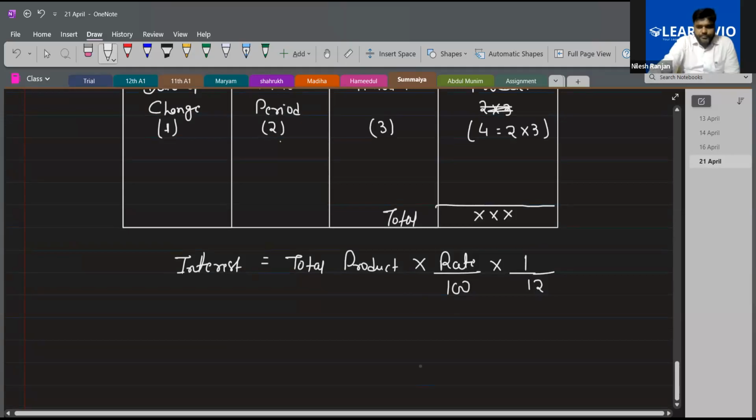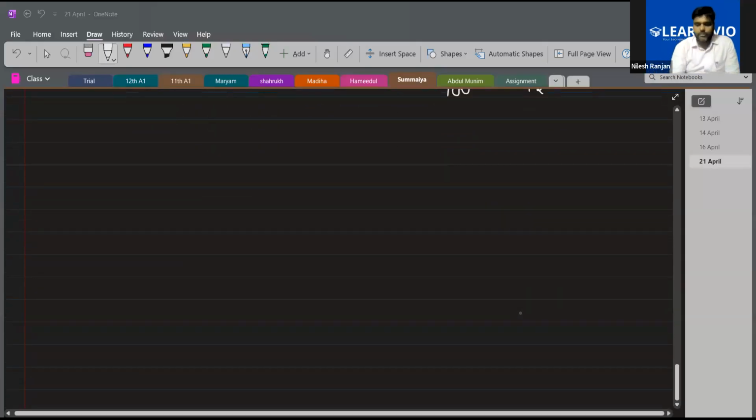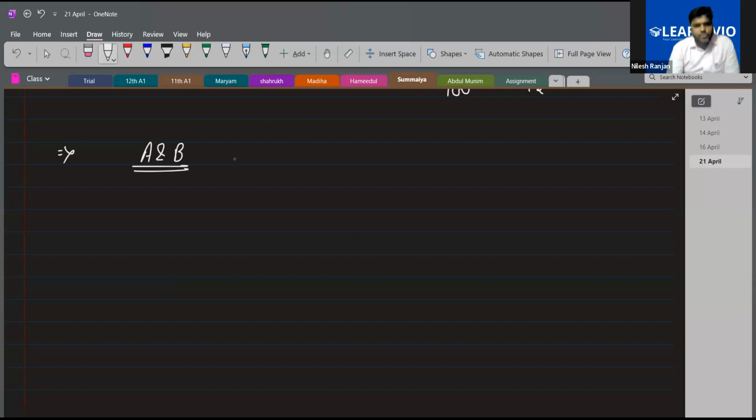Okay. Let me give you one example so that it will be good to understand. Let's say there are partners A and B. I'm taking only A's capital. So opening capital is 5 lakh on 1st April 2019, let's say.